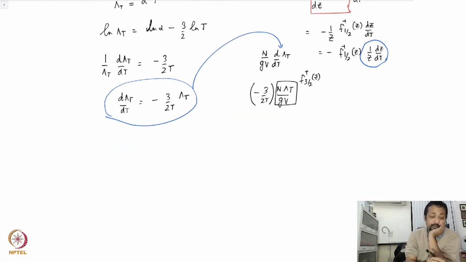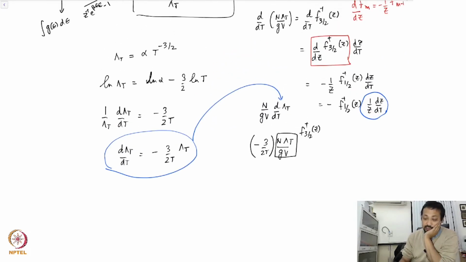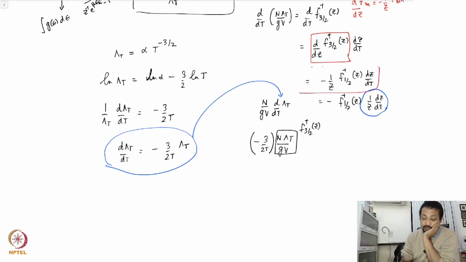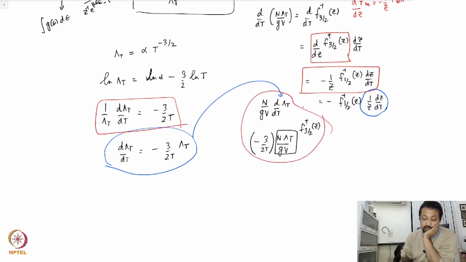So if I use all this information now, and then this going in the left hand side, I have, my mistake. There cannot be a minus here.